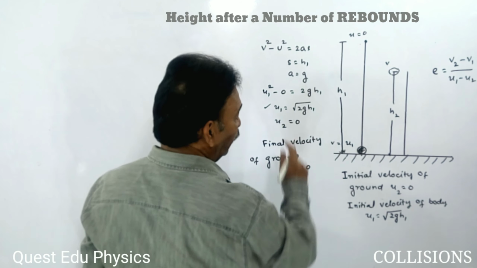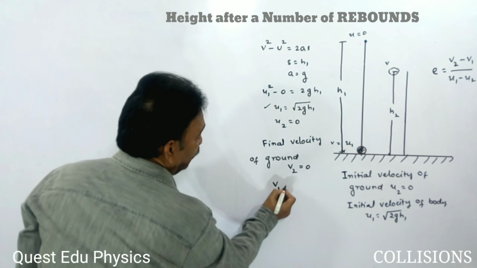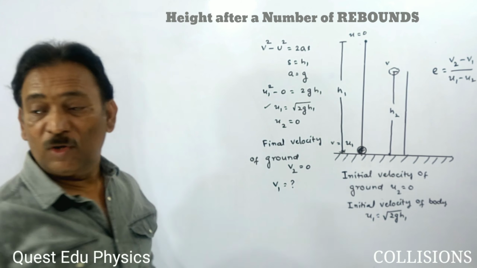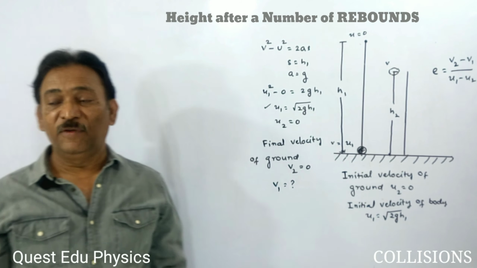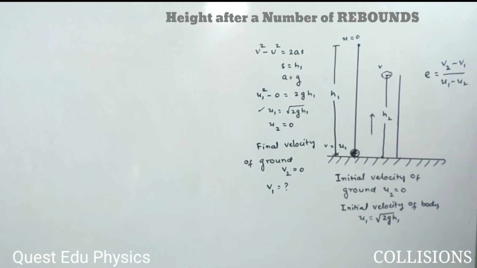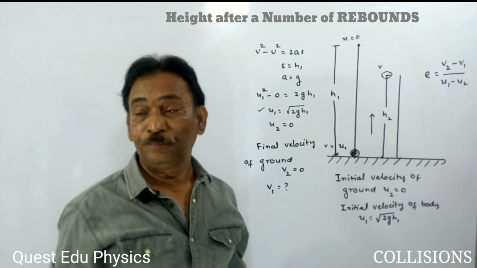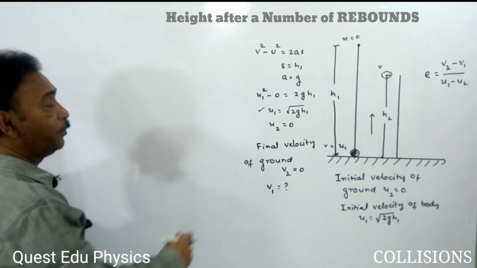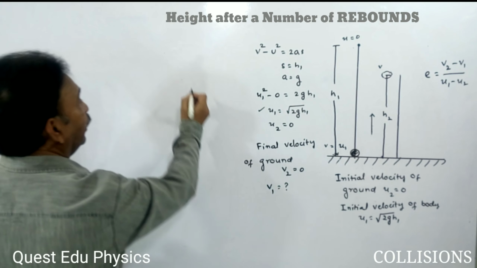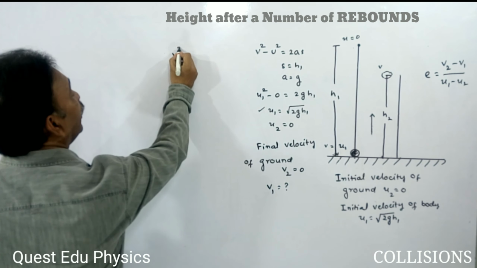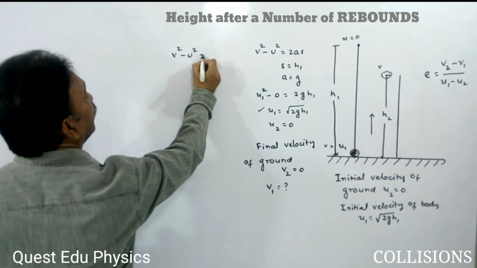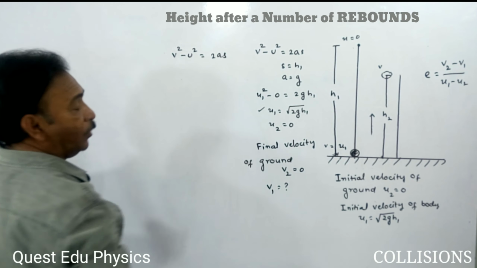Okay, students? Here we need the final velocity of the first body. v1 is equal to how much? Okay, students? We have to find out the value of v1. We are using the basic principle. Here v square minus u square is equal to 2as.